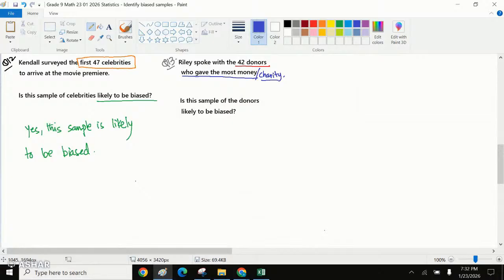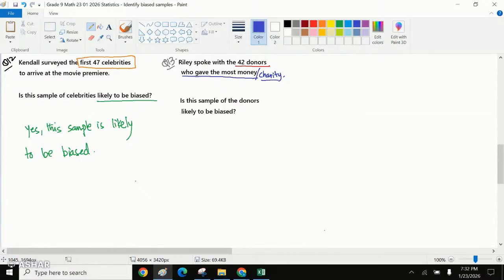So what he is doing is he's not talking to everyone. If I am amongst those people, I could have been the 43rd person, because I gave a little less than the 42. That means I am not selected. Riley is selecting the top 42, so he has a specific condition.